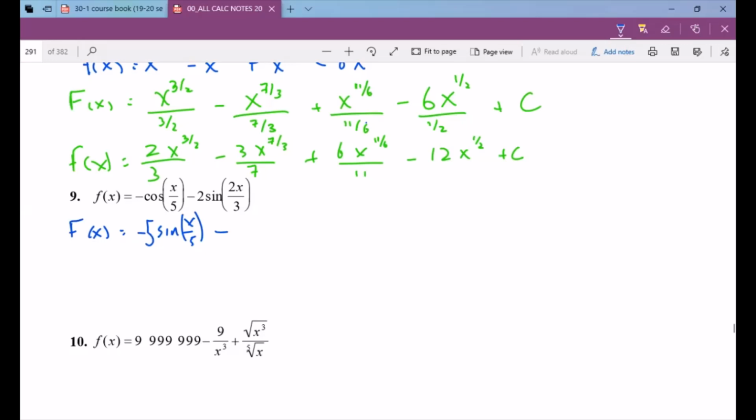And in fact, in this next one, I'm going to write this as minus 2, but let's just hold up for a second. And let's take our antiderivative. Antiderivative of sine is negative cos. So this will be plus cos 2x over 3.